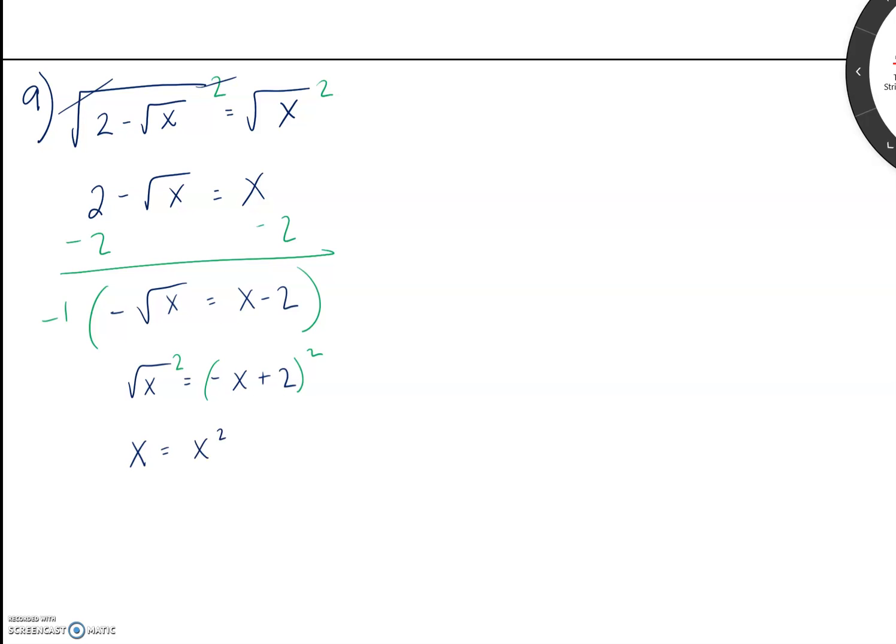So that would be positive x squared minus 4x plus 4. Yep. Okay. And then since it's quadratic, we have to set it equal to 0. So let's factor.